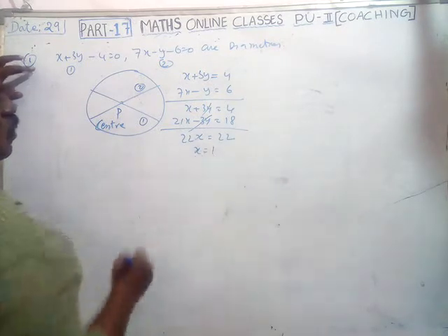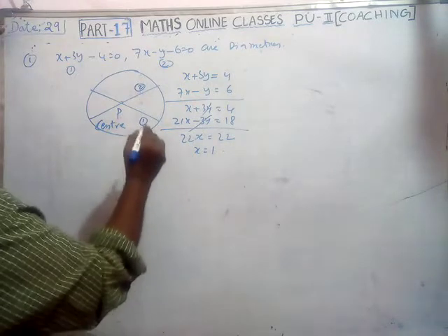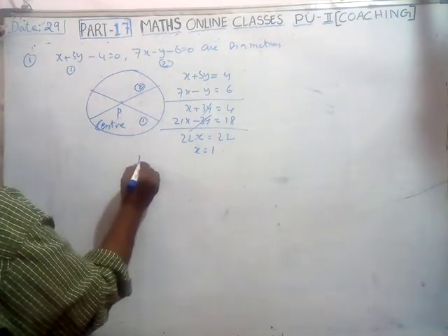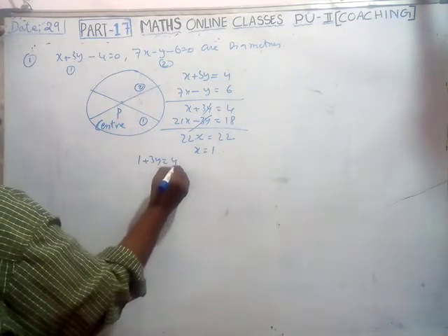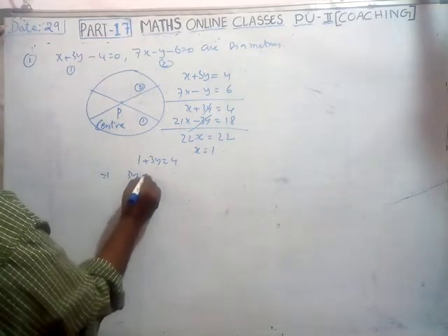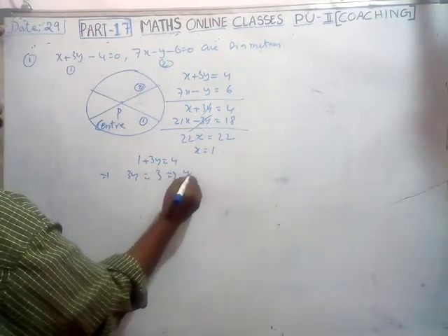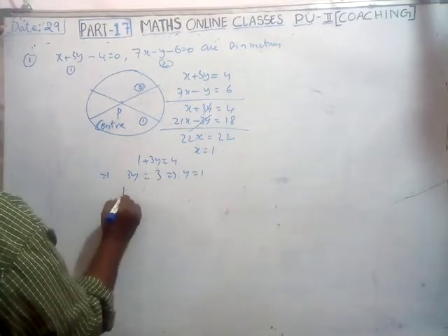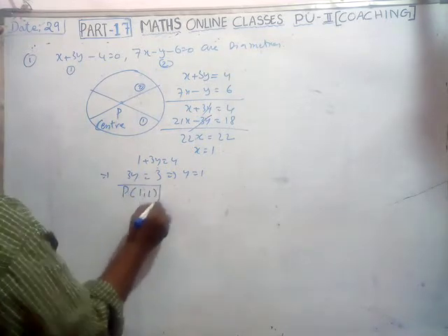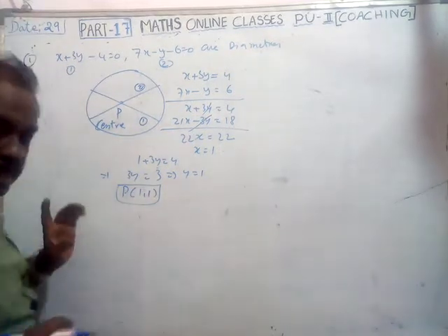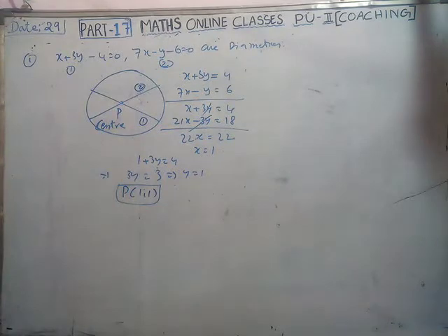So x is equal to 1. Substituting, 1 plus 3y is equal to 4, that implies 3y is equal to 3, so y is also 1. So center P is equal to 1 comma 1. Like that I have to solve the problem.